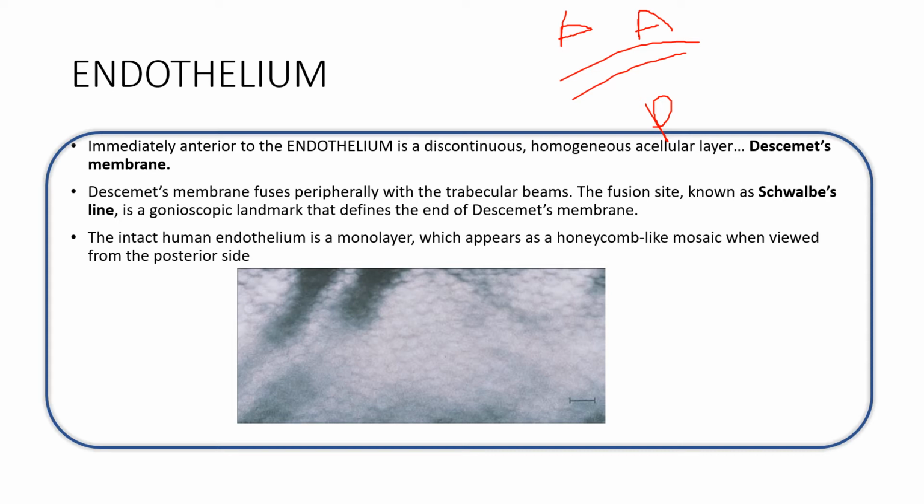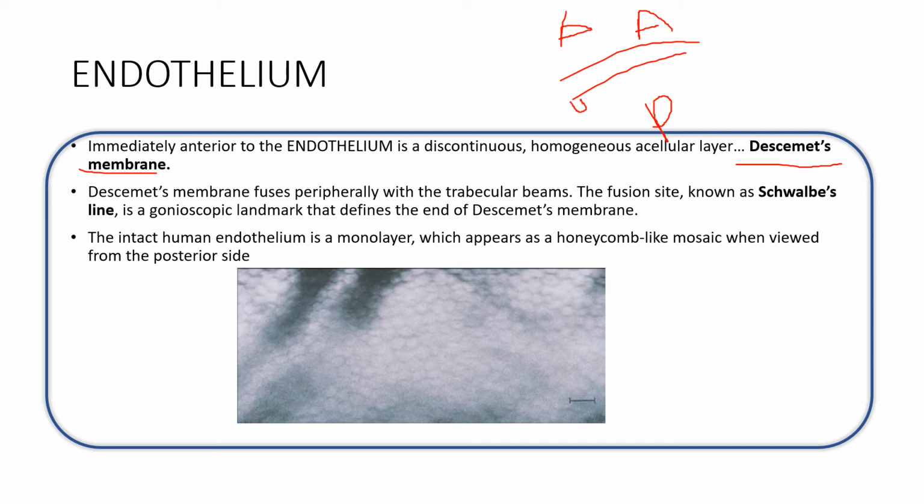Now immediately anterior to the endothelium is a discontinuous homogeneous cell layer, which is the Descemet's membrane, right? So what I have said till now is that in early embryogenesis, this posterior cornea is lined by a neural crest derived monolayer of cuboidal cells, which will be forming the endothelium, right?